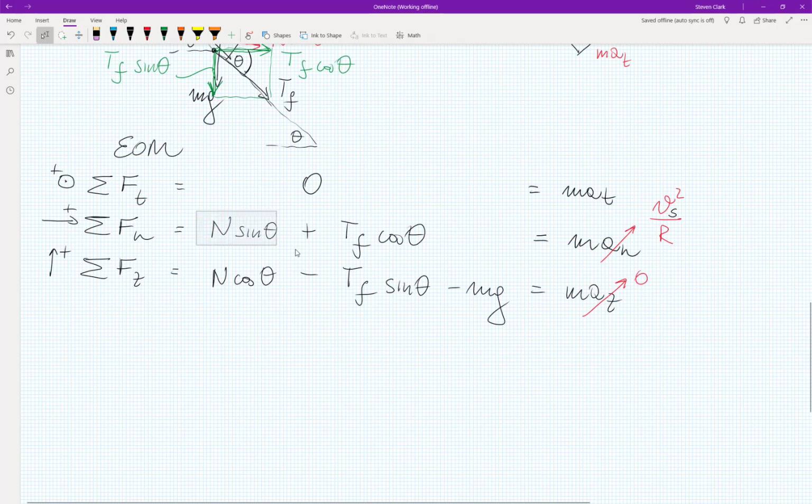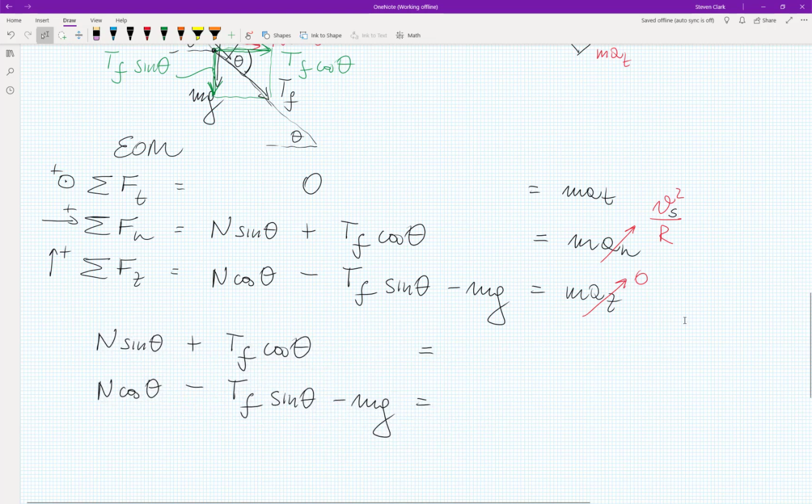Okay, guys, so we have these two equations. And we have this guy equal to m v skid squared over r, and this is 0. So far, so good? Yeah.